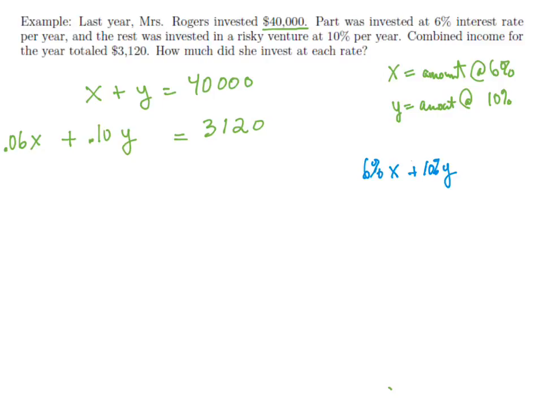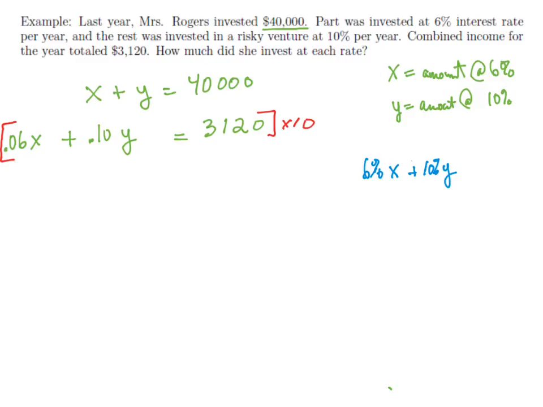So what we have here is a system of equations. We have two linear equations, two unknowns, so we can use either the elimination method or the substitution method to solve for X and Y. The first thing I'm going to do is, in this second equation, multiply through by 100, which will remove all these decimals.